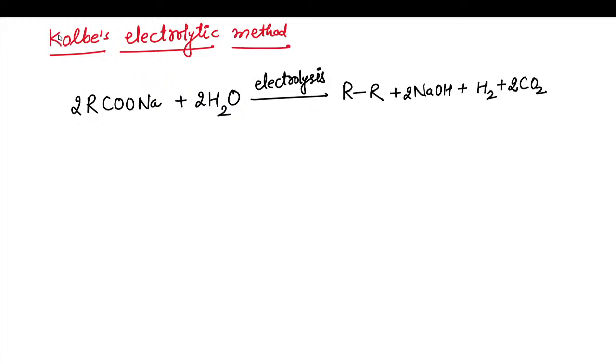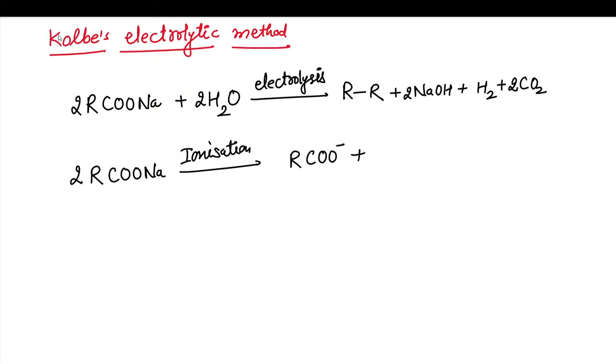What we do here, in this case, first part is 2 moles of sodium alkylate. First ionization takes place. So after the ionization, what do we get? RCOO negative and Na positive.